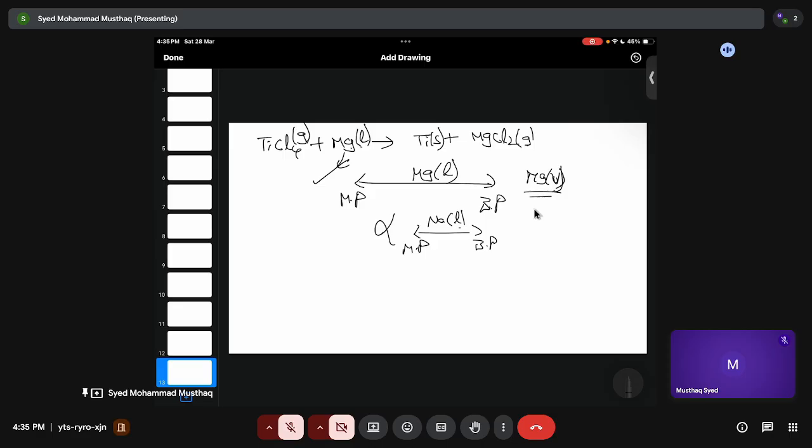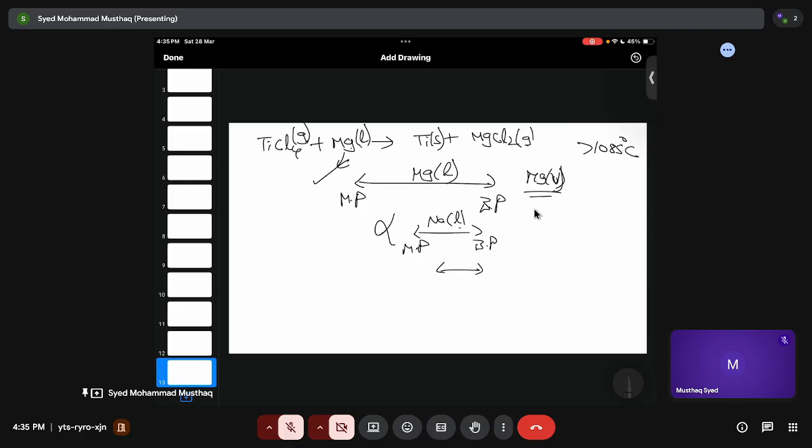The temperature should not be greater than 1085 degrees centigrade. Above this, you will end up with a titanium iron mixture, so people try to avoid this. That's why there needs to be good control of the temperature and your atmosphere. If you have even a little bit of moisture, the chlorides will react and undergo hydrolysis and give HCl vapors.